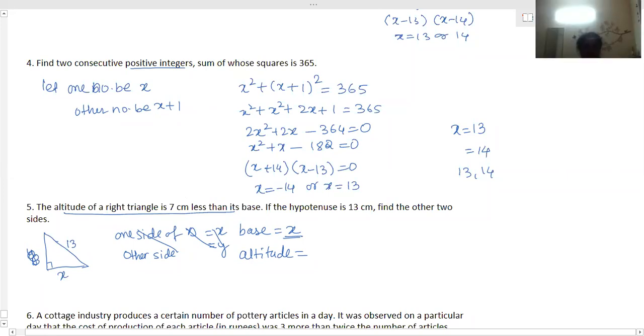Altitude is 7 centimeter less than its base. So how to write in expression form? People are facing problem in a class 4 question. This was a simple question you are not able to solve.